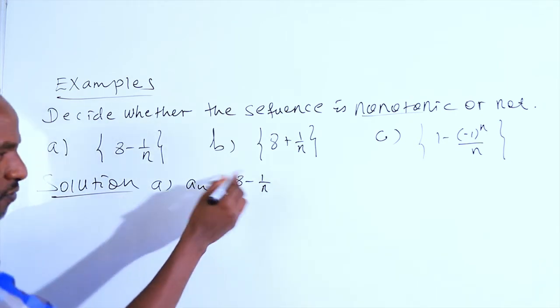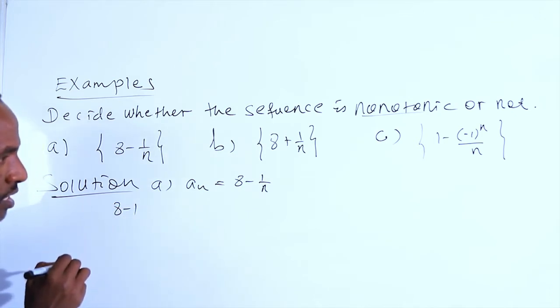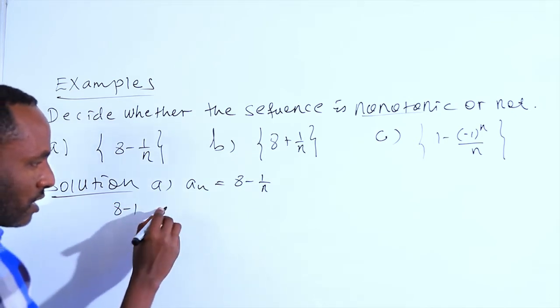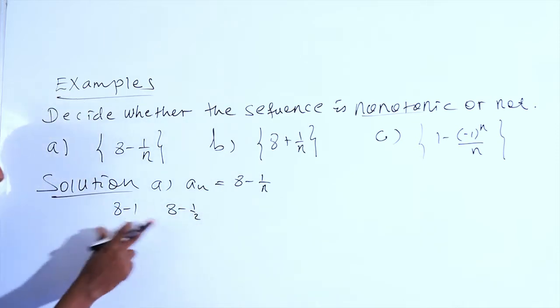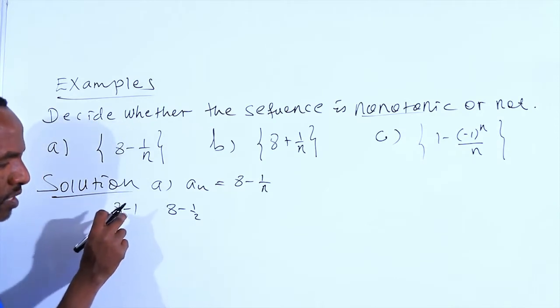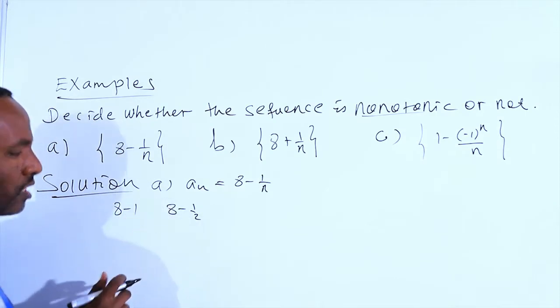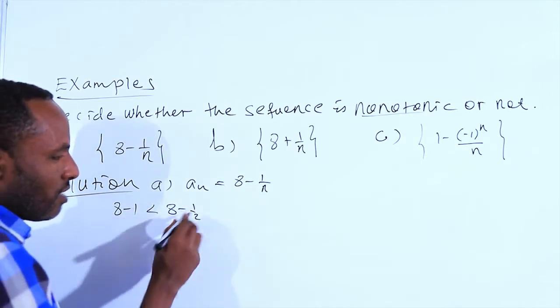If n is 1, we can say 8 minus 1. If n is 2, we can say 8 minus 1 over 2. When we compare 8 minus 1 and 8 minus 1 over 2, this number is less than the other one.